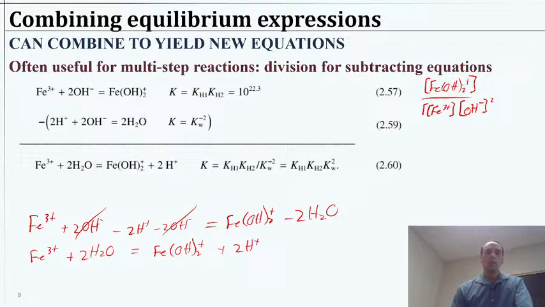So this would be the equilibrium relationship for the first one. And for the second one that we are subtracting would be the H2O and OH minus.